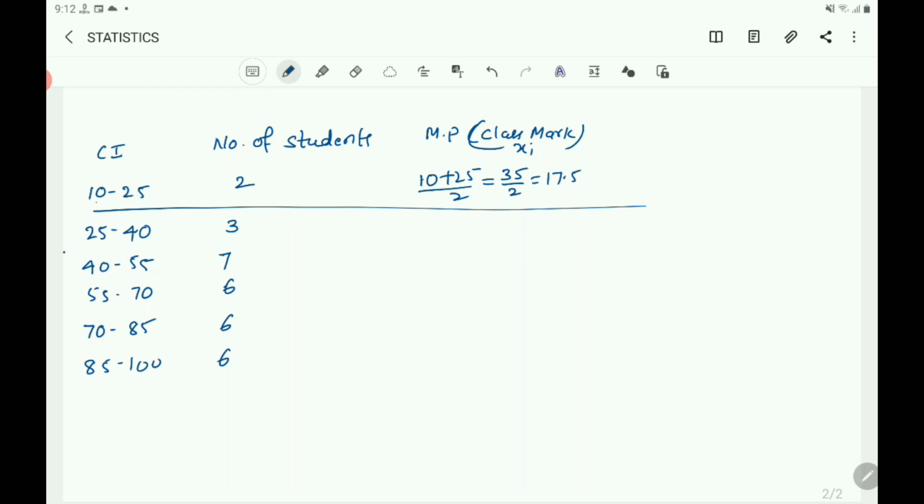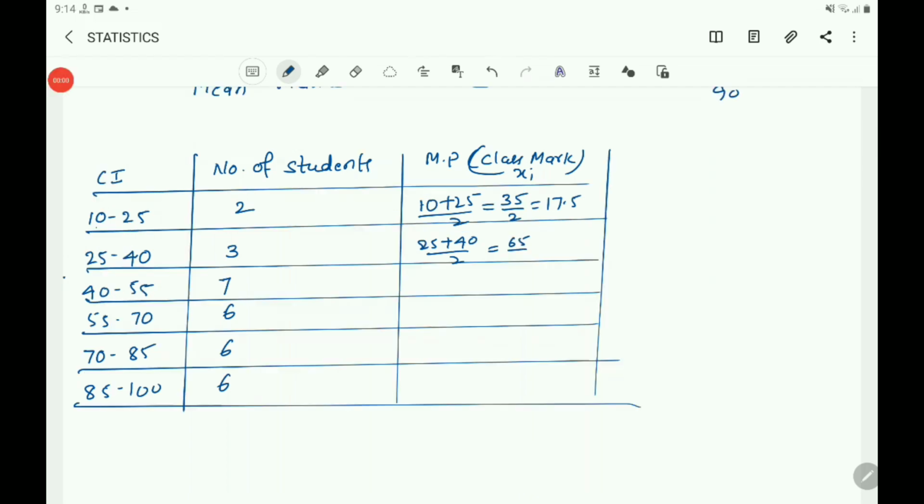Next, 25 plus 40 by 2, that equals 65 by 2, which is 32.5. Next, 40 plus 55 by 2, that is 95 by 2, you will get 47.5.